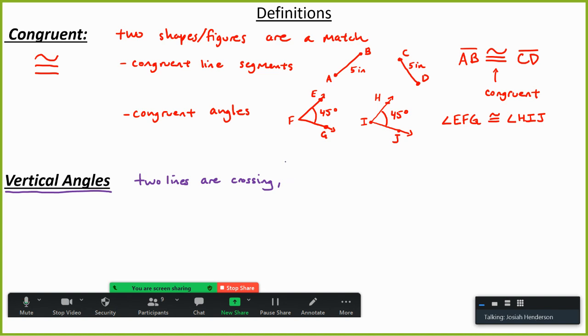Vertical angles are across or opposite of each other.